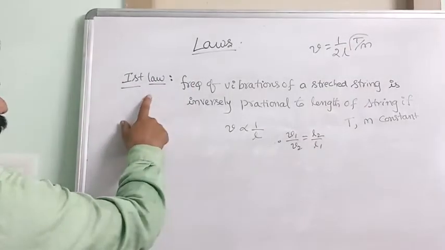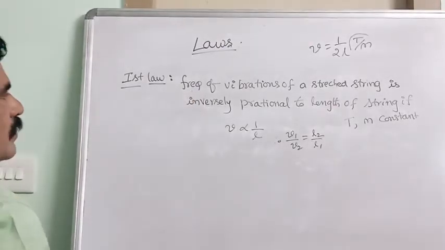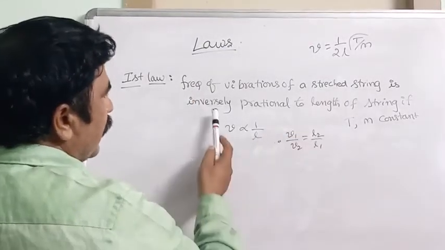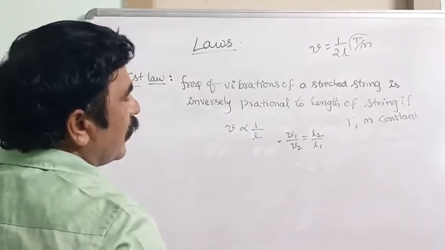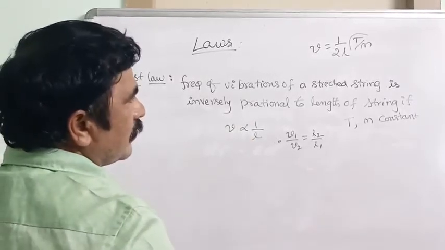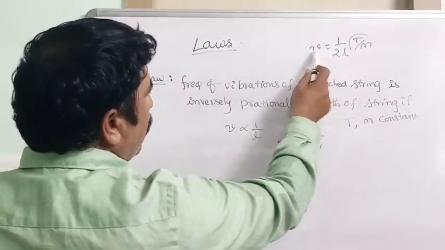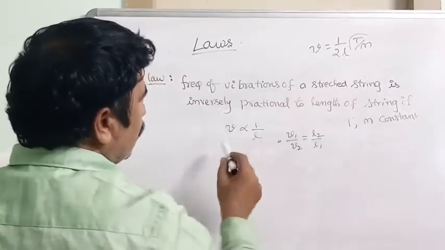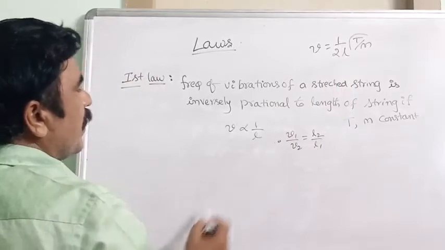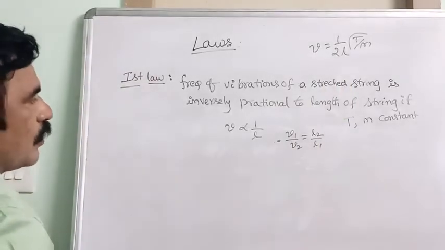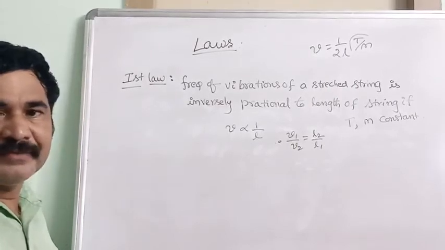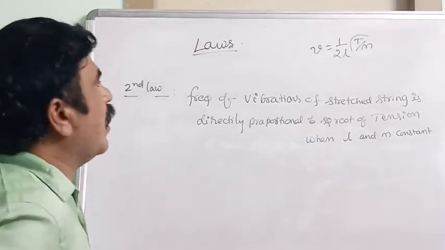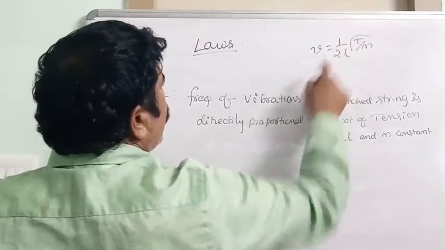In the first law, the frequency of vibration of a stretched string is inversely proportional to the length of the string if T and M are constant. Nu is proportional to 1 by L, that is, nu1 by nu2 equals L2 by L1.